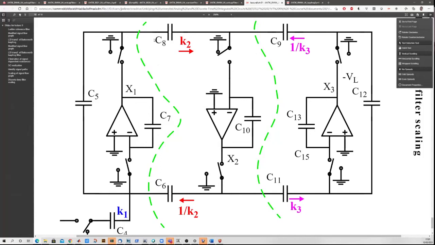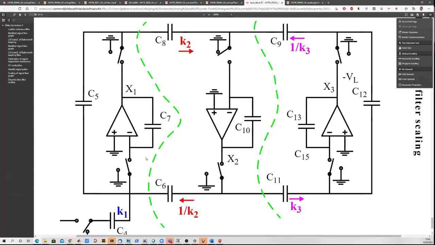If you cut one wire, you have to cut another one. So I'm looking at an intersection here between C6 and C8. So if I look at the paths going out from the intersection and all the paths going in to the intersection, if I scale them accordingly, so I scale up the output and scale down the input, then my global system function is untouched.